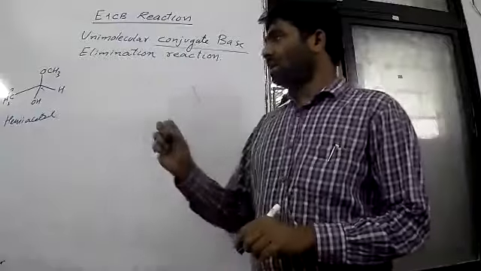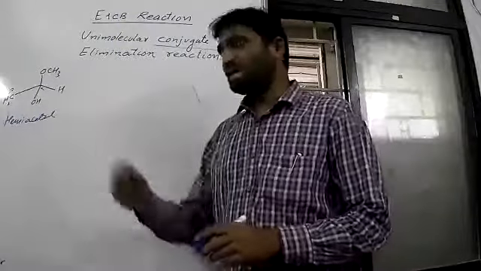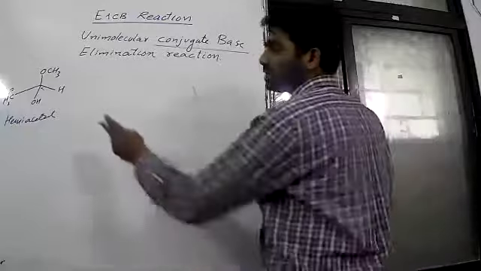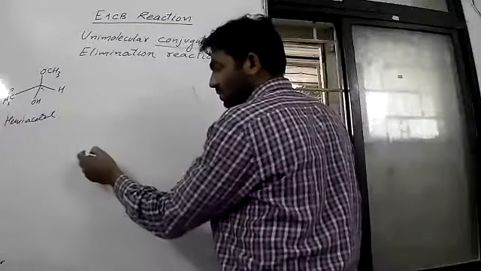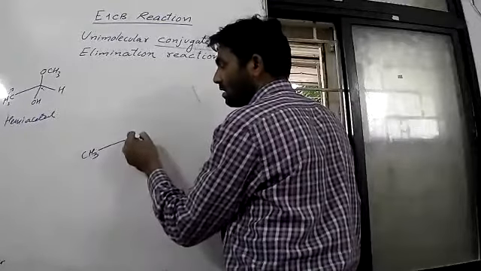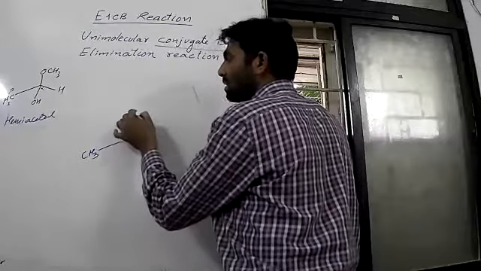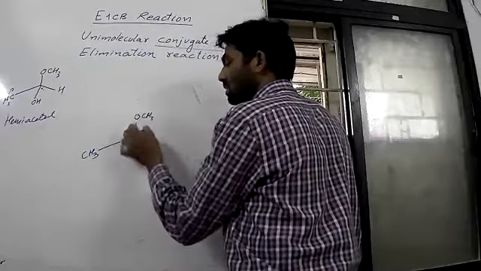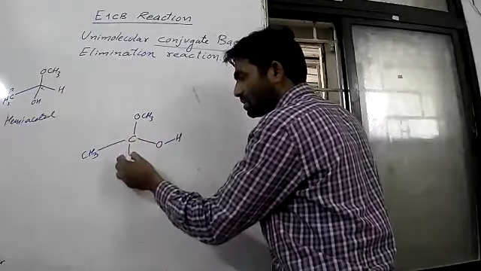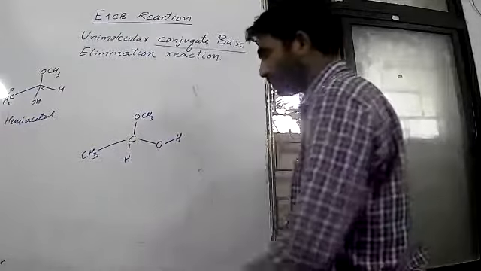But in this hemiacetal, there is a slight change. What is the change? See, if I am writing this hemiacetal like this, and OCH3, and I am writing like this OH and here H. Okay, now.